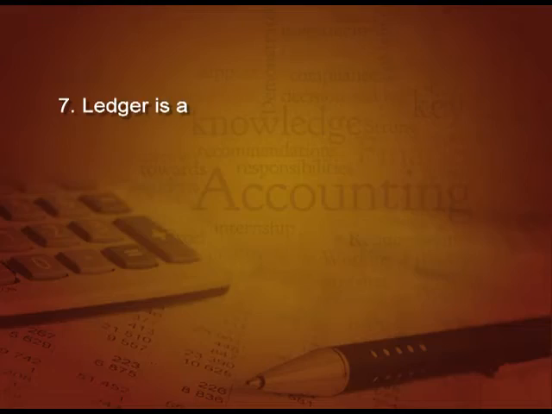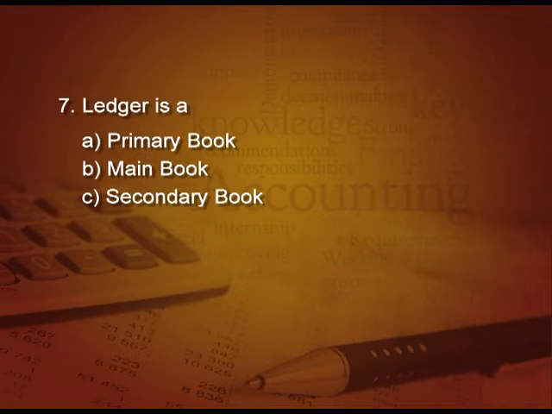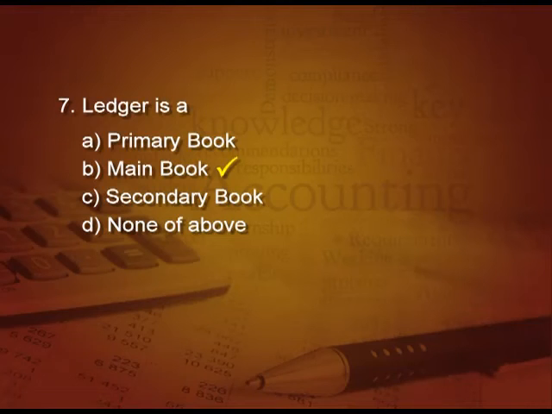There can be credit in bank only. Okay. Want to see one more? Ledger is A. primary book, B. main book, C. secondary book, and D. none of the above. Yes, it is a main book.